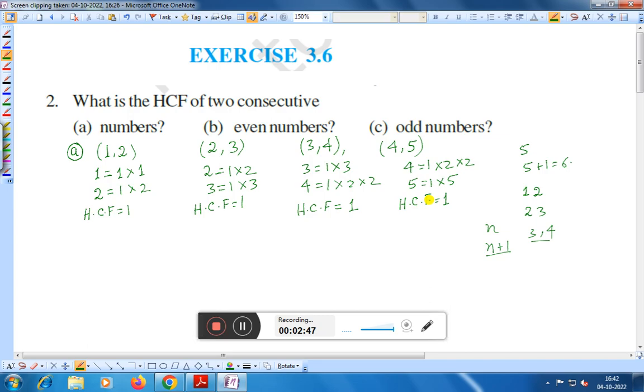Therefore, what is the HCF of two consecutive numbers? We can say that the HCF of two consecutive numbers is 1.